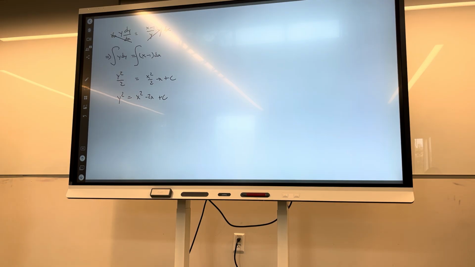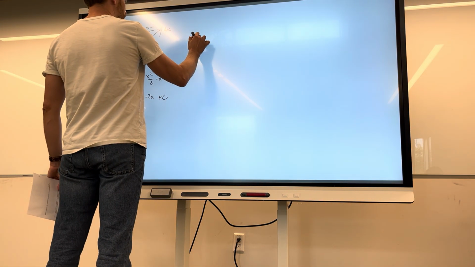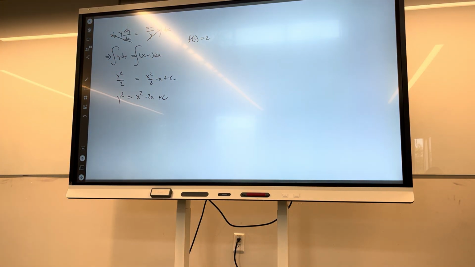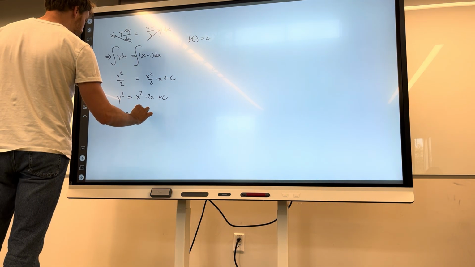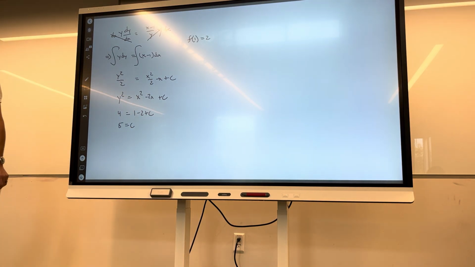What was my initial condition? What was my point? Is it (1, 2)? f(1) equals 2. So now I can plug in this point in order to find my c value. Plug in 2 for y. I'm going to get 4 equals 1 minus 2 plus c. So I think that gives me 5 equals c. So that's my c value of 5.